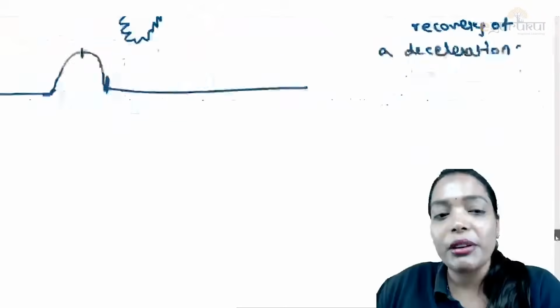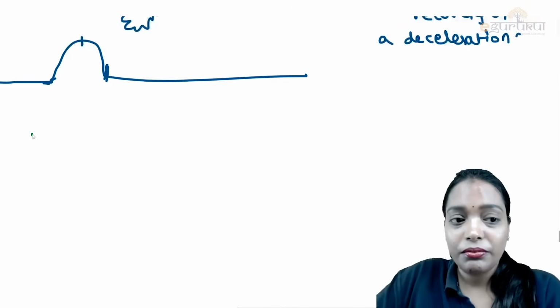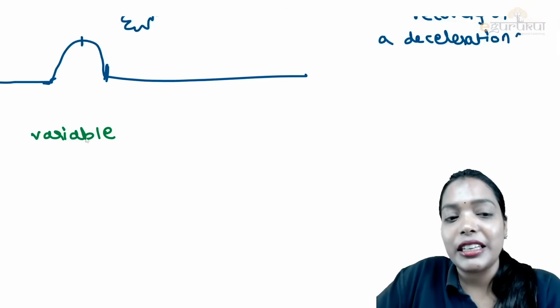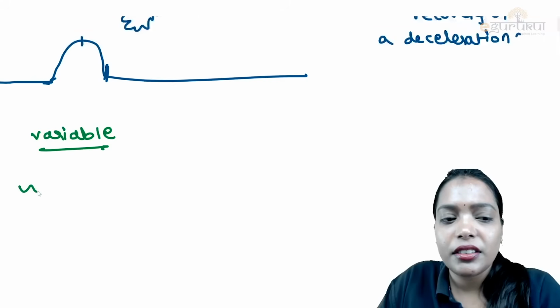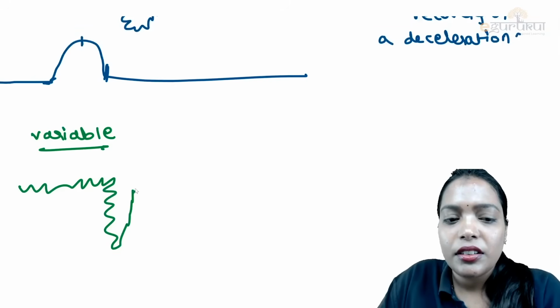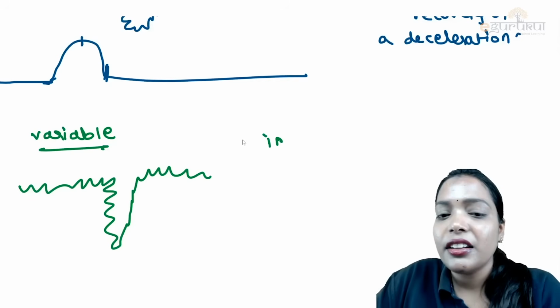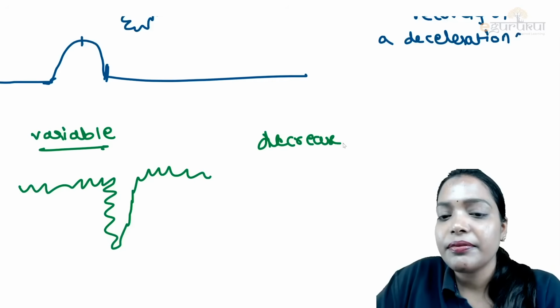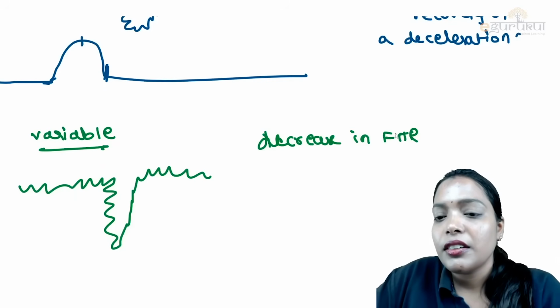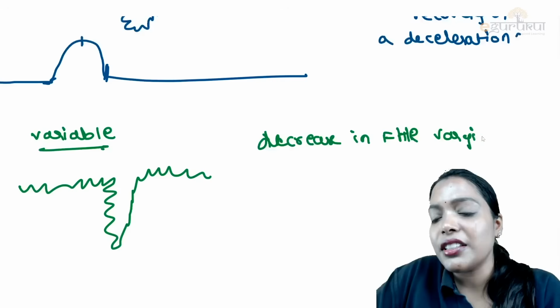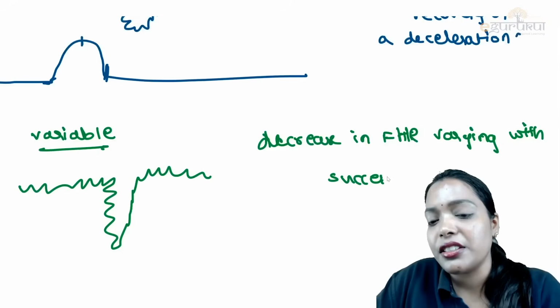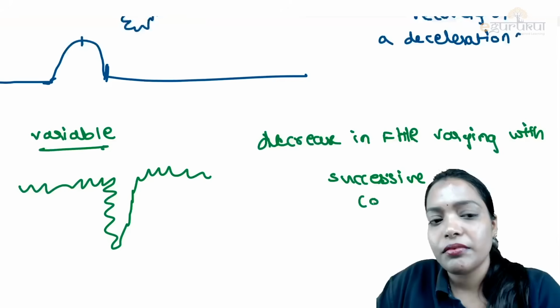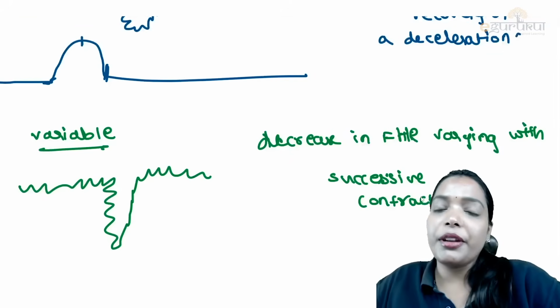Next, the third one is variable deceleration. So these all will be observed only during a CTG. Right. So variable decelerations: decrease in fetal heart rate varying with successive contractions is called variable deceleration.